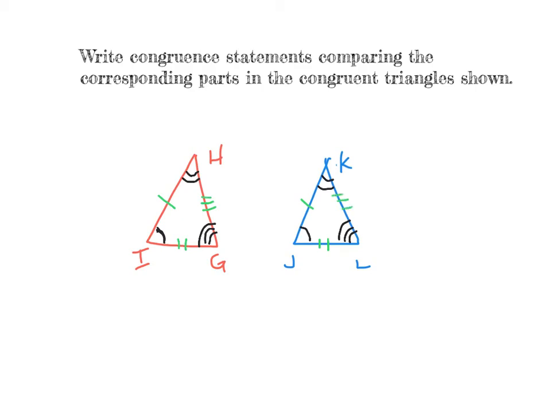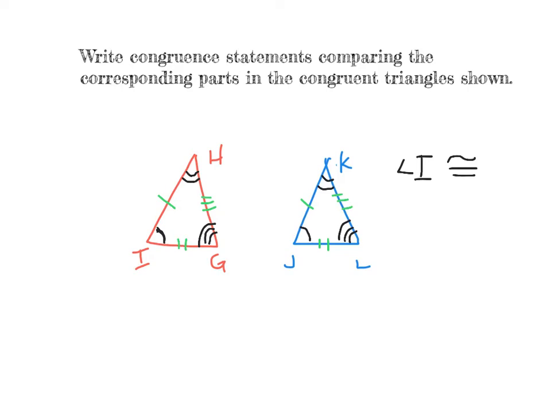So what we're asking when we're talking about using corresponding parts and writing congruent statements is this. I want to know angle I, that's how I write it, angle I is congruent. The sign for congruence is this, an equal sign with a swoop on the top.